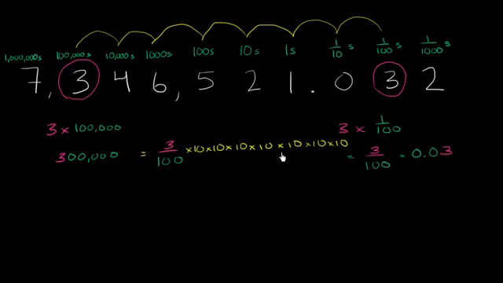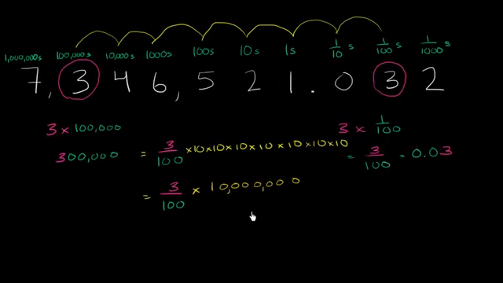Now, multiplying by 10 7 times is the same thing as multiplying by 1 followed by 7 zeros. Every time you multiply by 10, you're going to get another 0 here. So this is the same thing as 3 over 100 times 1 followed by 1, 2, 3, 4, 5, 6, 7 zeros. So this is literally 3 over 100 times 10 million.